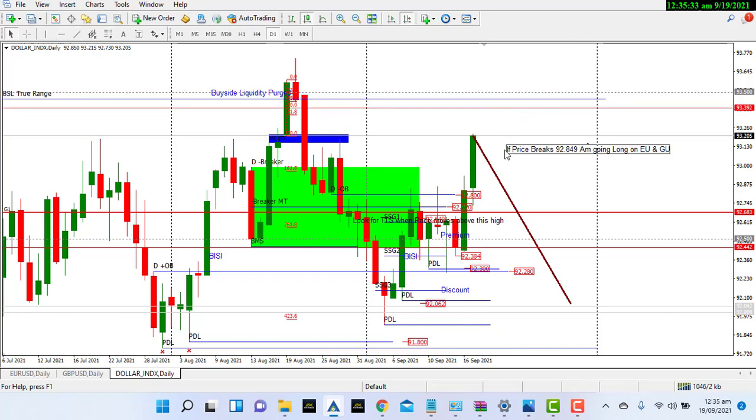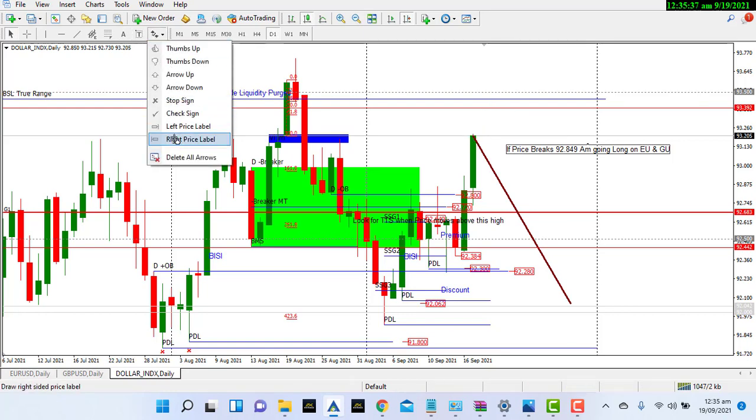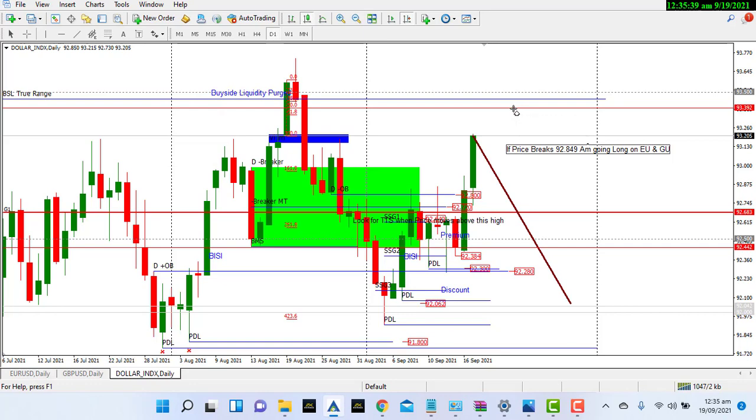So if price should close above this mark, above half of this range, then probably this high is going to be tackled. But I don't actually see price trying to move up into that. If we are going to go down, there's no need to go up there. That is what I'm expecting on the dollar index.